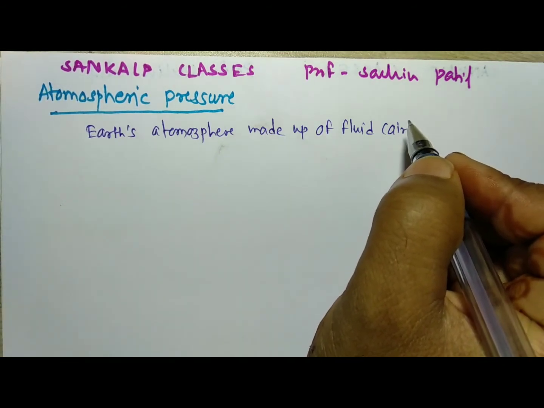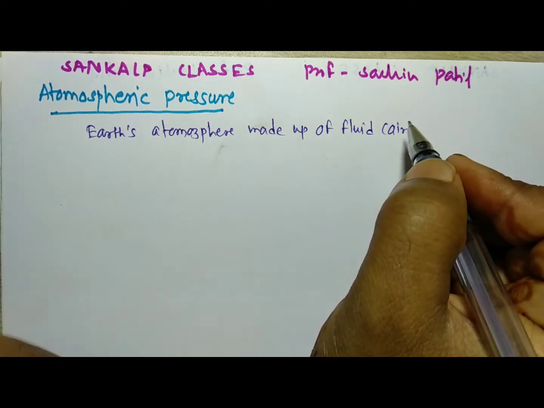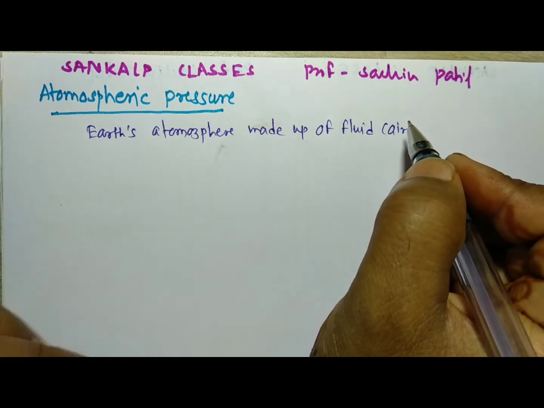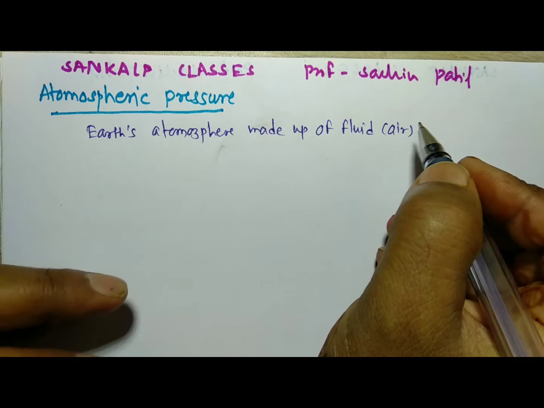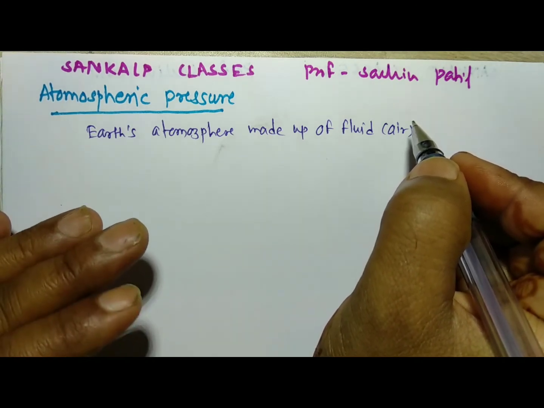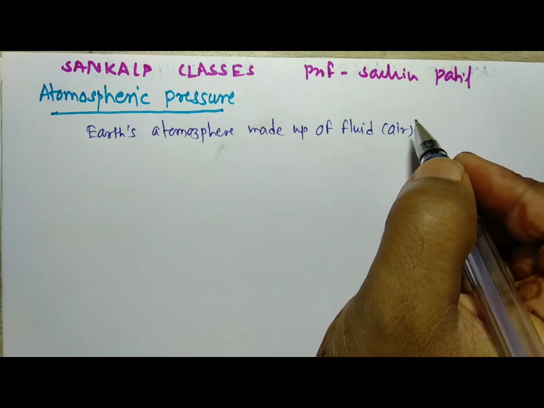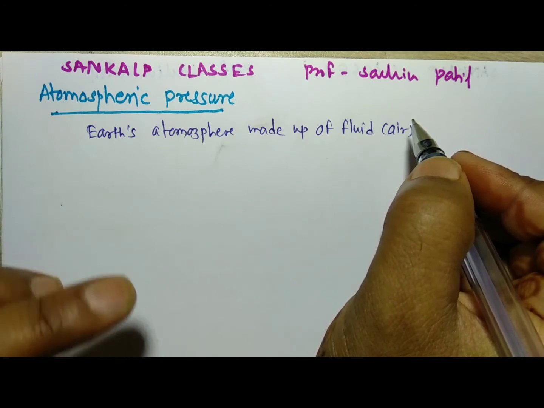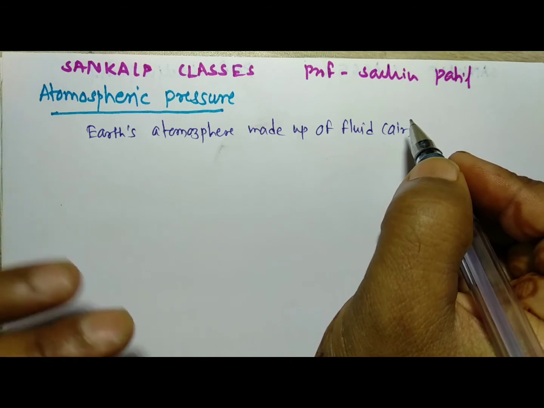The concentration of nitrogen is 78% in the atmosphere, and oxygen is 21%. These two gases make up about 99%. Carbon dioxide is 0.03%, varying with respiration and photosynthesis.